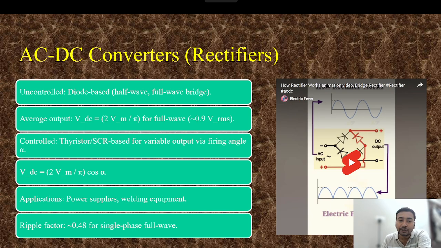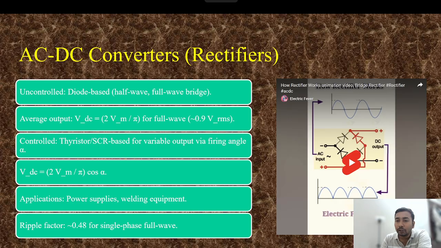Some of the applications of the AC to DC converters are power supplies and building equipment. The ripple factor for a single phase full wave rectifier is around 4.48. But if you want to reduce this ripple, then you can go for the three phase rectifiers.